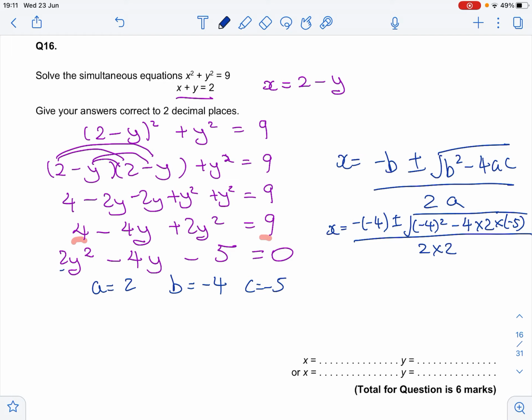Remember in here, this is the normal equation, but usually we have x, whereas here we actually have y, so your answers would actually be the values for y. So type it into your calculator, you should get y equals 2.87 or minus 0.87.